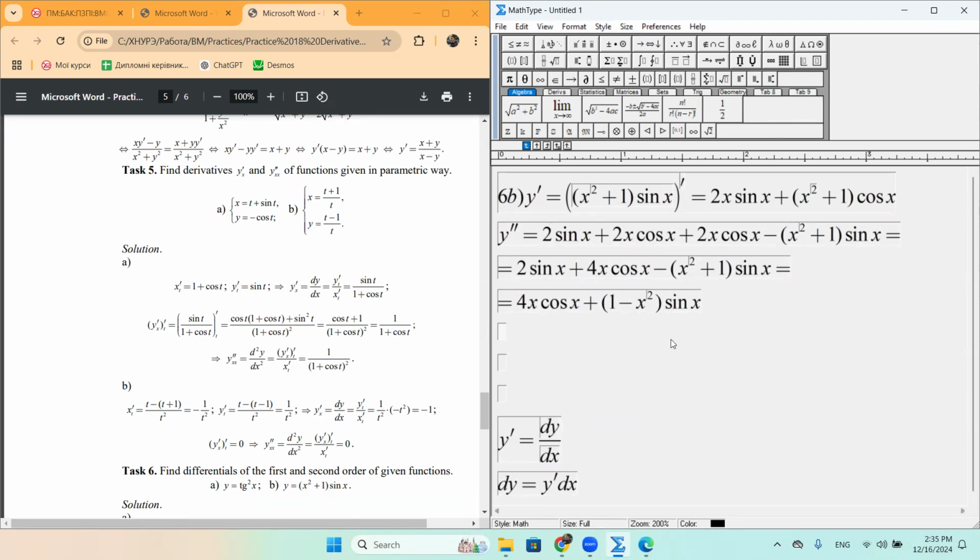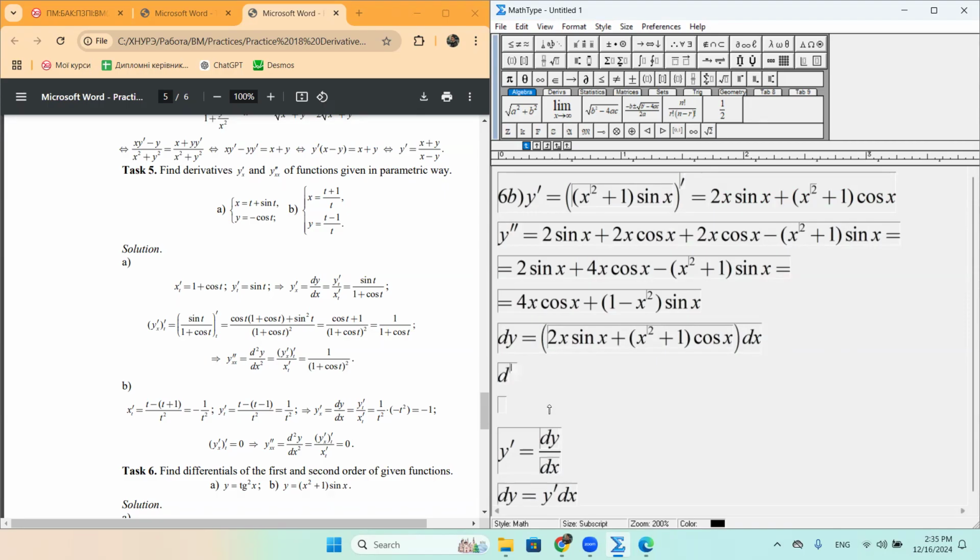Okay, now let's find differentials. So the first differential is just like this. So we multiply this expression by dx. And the second differential, attentively, for y we write like this. So d2y by dx square.